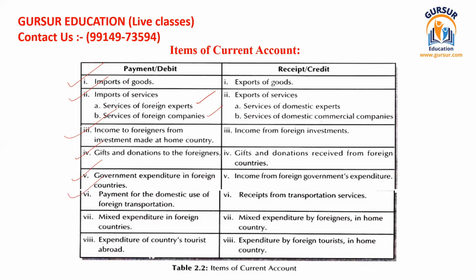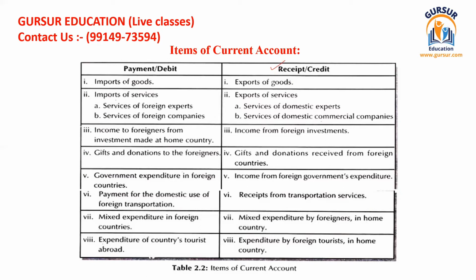You are not supposed to cram all these things, but go through them one or two times so that they are stored somewhere in your subconscious mind, so that you can easily differentiate whether a specific item is an item of the current account or the capital account.